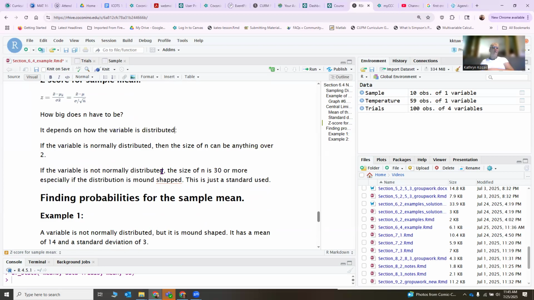If the variable is normally distributed, then the size of n can be anything over 2. You have to have at least 2 because you need a sample. If the variable is not normally distributed, then the sample size n should be 30 or more, especially if the distribution is mound shaped.